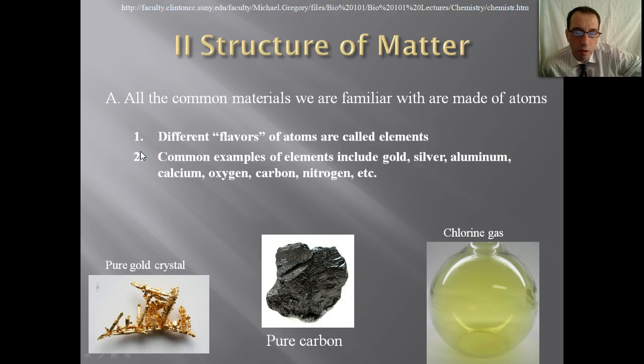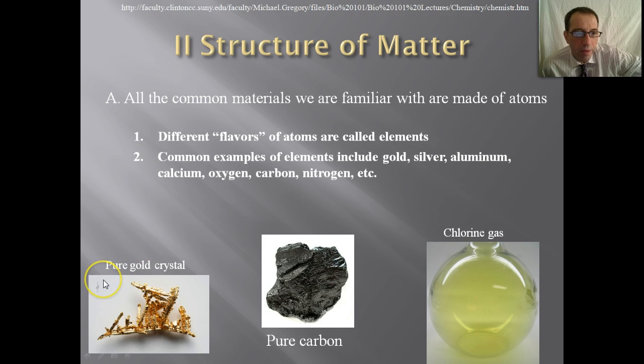Of everything that you're familiar with, all everyday substances and objects and materials are made of atoms, and the different flavors of atoms are what we call the elements, and it's very confusing for a lot of students, this distinction between atoms and elements, but we'll try to make that clear as we go along. So I've shown you a few pictures here. We have pure gold crystals.